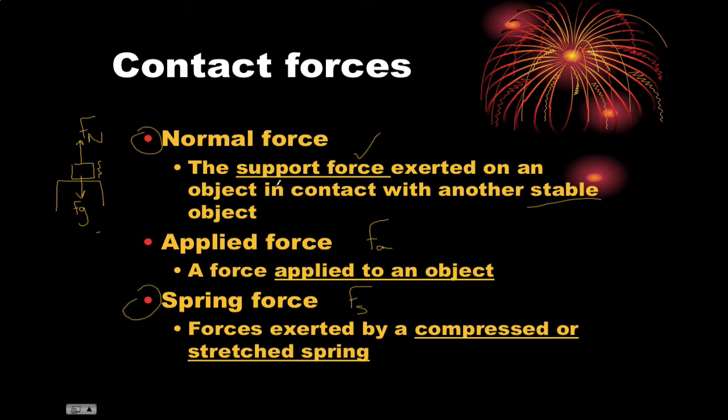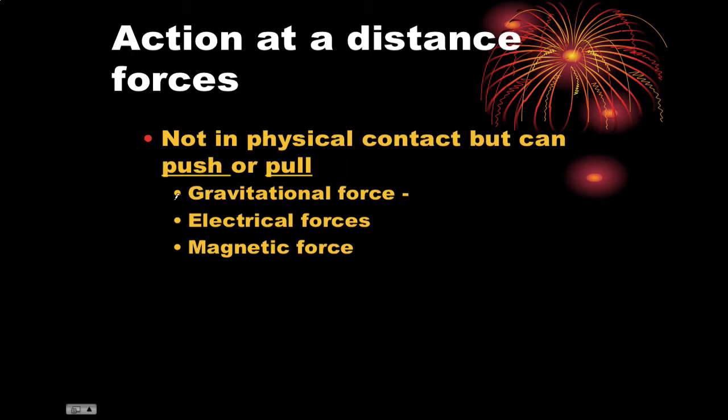Now all of those forces had to be in contact with one another, but there are a lot of other forces that don't actually need to be in contact. A perfect example is this guy right here, force of gravity, Fg. You can have two objects. We can think of planets.